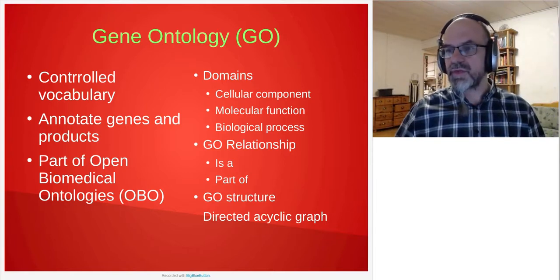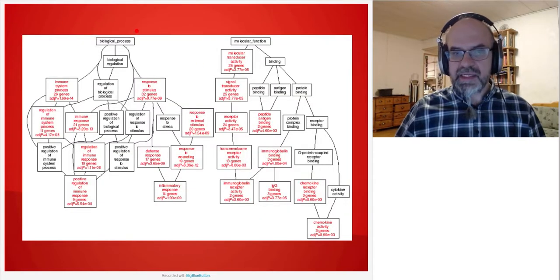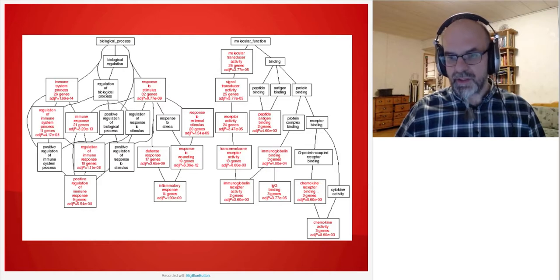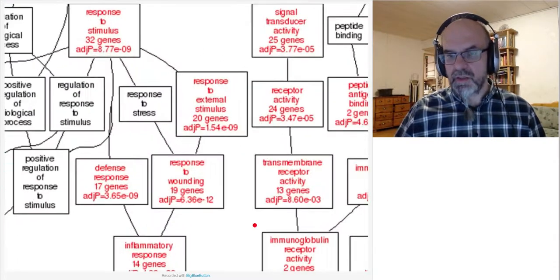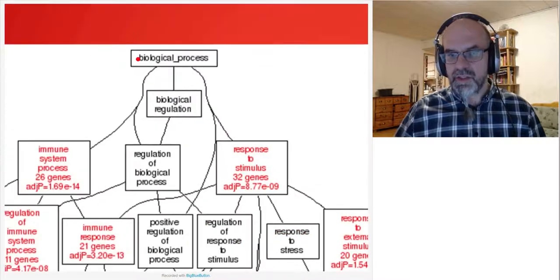So we have to take into account this kind of structure when we are working with GOs. This is a very, very small part of the general gene ontology terms. You can see that, for example, these are some of the biological processes.